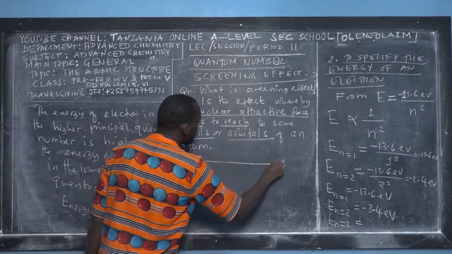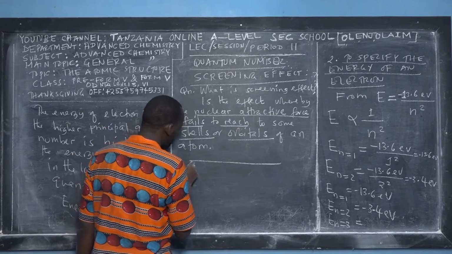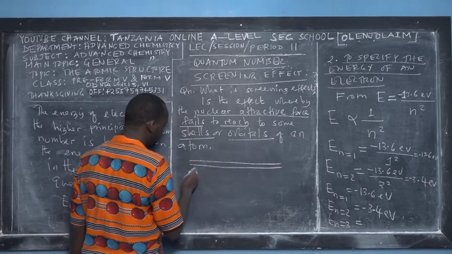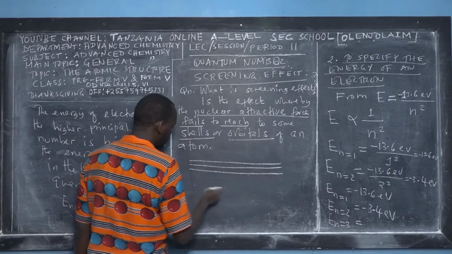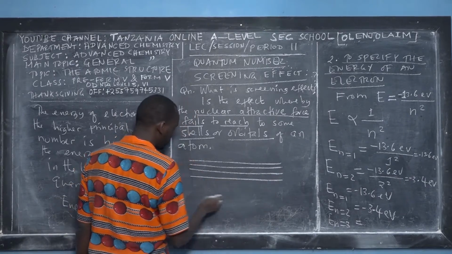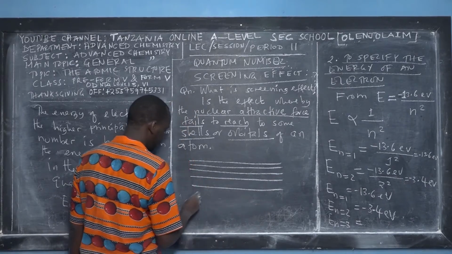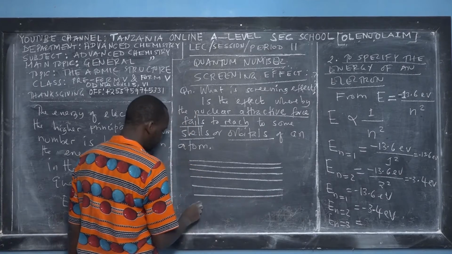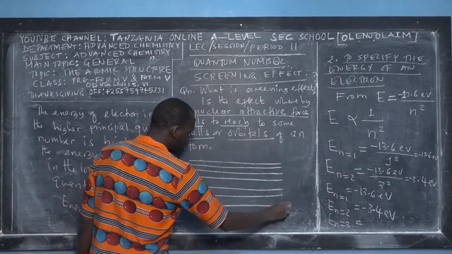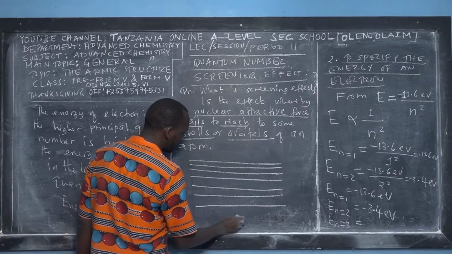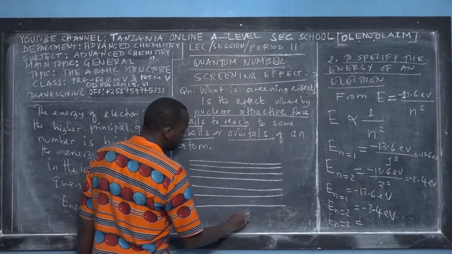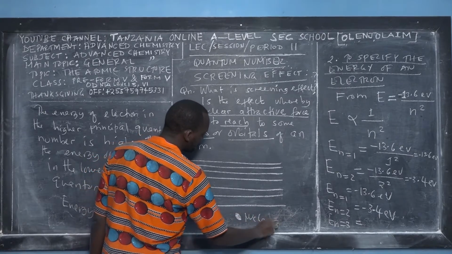For instance, using diagrams, these are the energy levels in a hydrogen atom. Suppose that this is the nucleus of an atom.